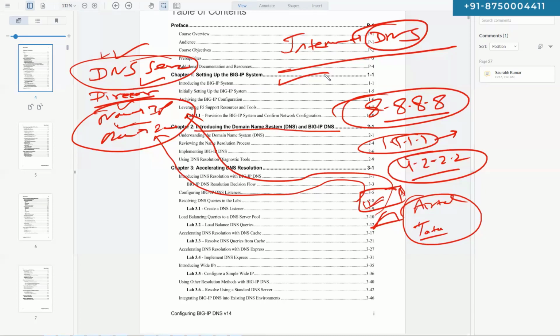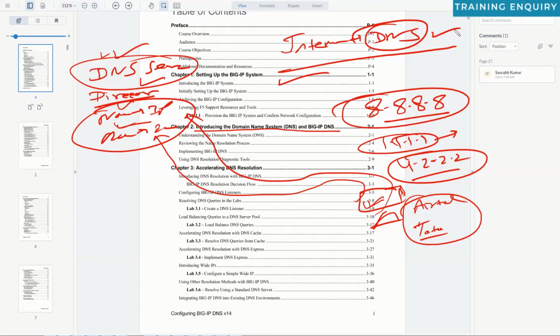So what I meant to say is that you are heavily dependent on the DNS servers, right? Now, just imagine how many requests people are making in a second across the world. How many internet users do you have?